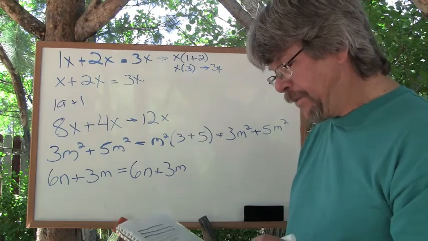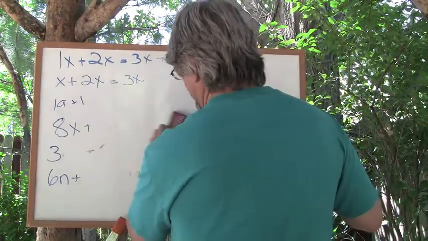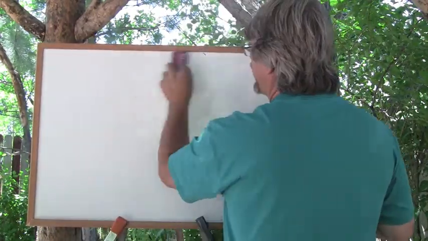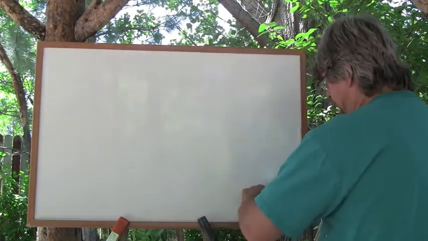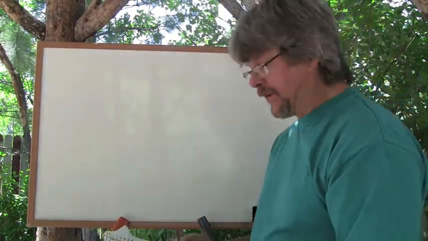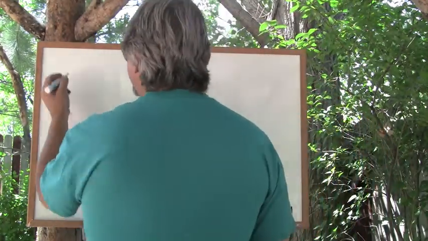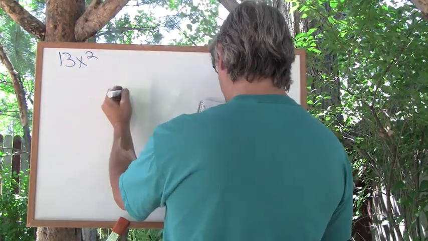You gotta keep them separate. The interesting thing about like terms is the variables will equal real things in real life, like time and distance, speed, oranges, apples, etc. So it's important to know how to put together like terms.